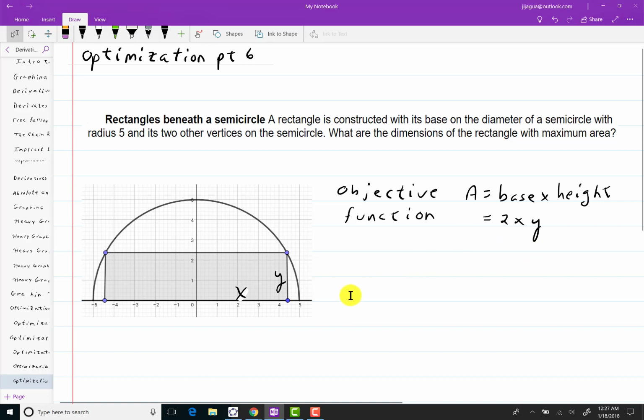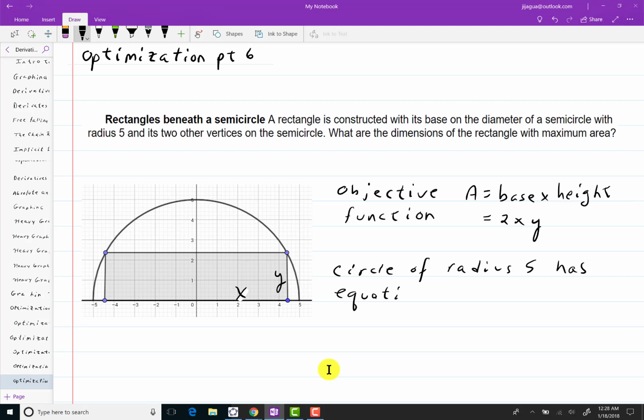And the connection is that the circle of radius 5 has equation x squared plus y squared equals 5 squared.